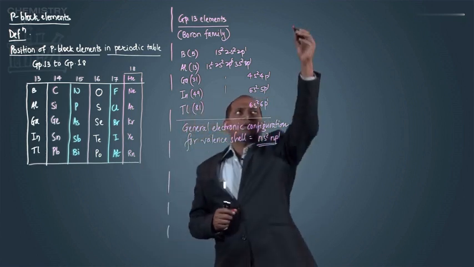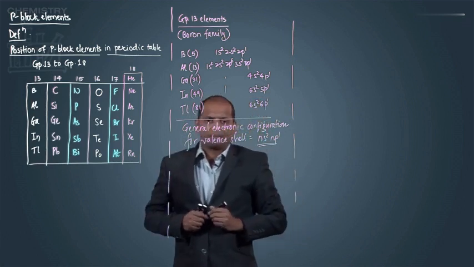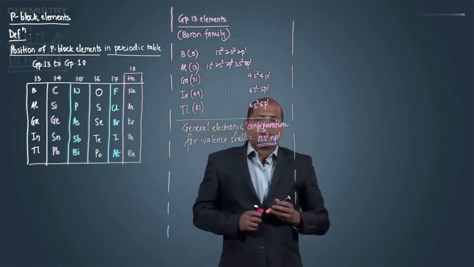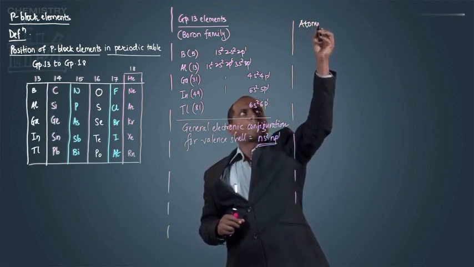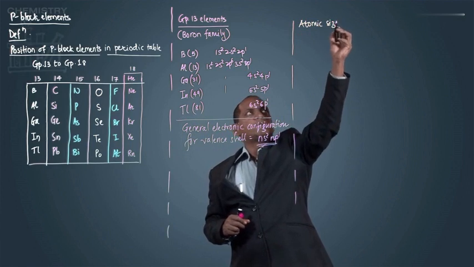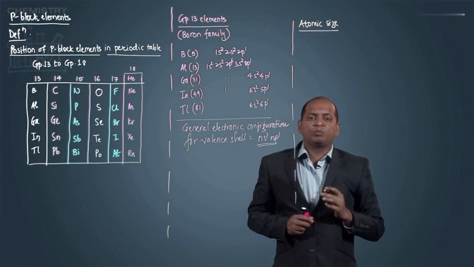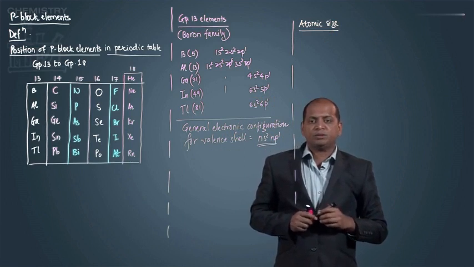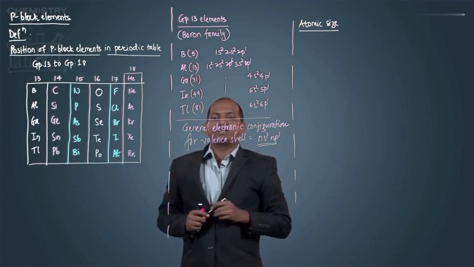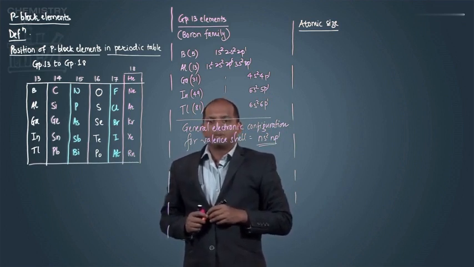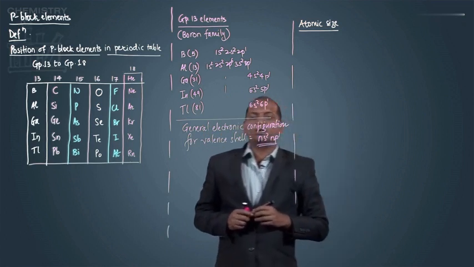So now the first periodic property which we have to discuss is atomic size. When we are comparing the atomic sizes of these elements with group 2, if we consider the atomic size of boron with the atomic size of beryllium, it was observed that the size of boron is smaller than that of beryllium.